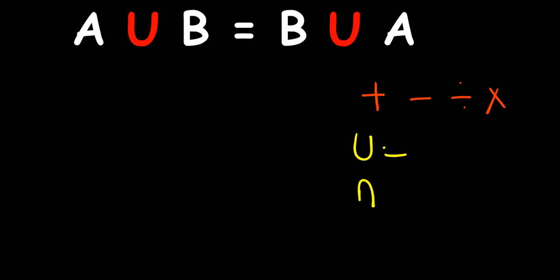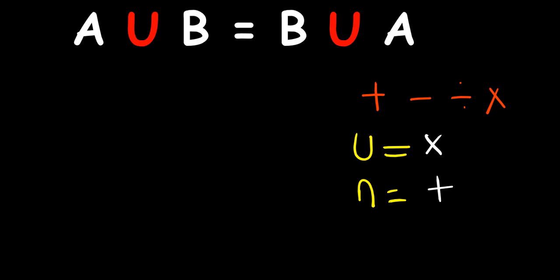In terms of normal operations, union usually goes with multiplication, and intersection usually goes with a plus. So these are the two operations that we usually work with.